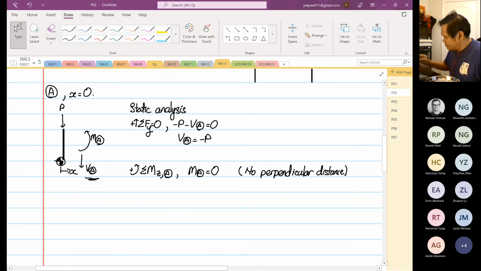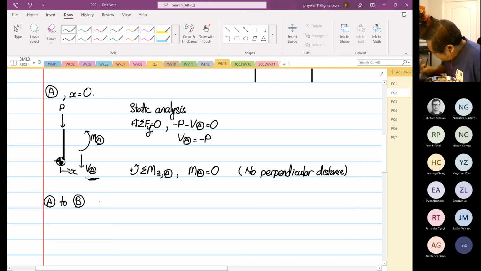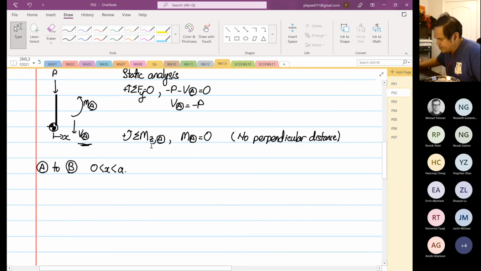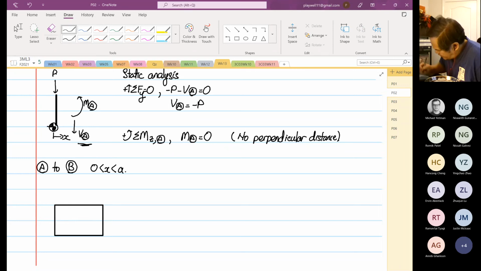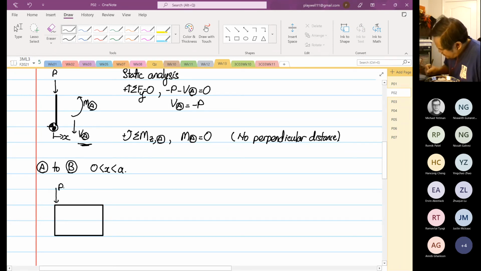Next we're going to do from A to B. These are still the easy ones. So let's go from A to B, where x ranges from 0 to a. I'm going to draw the beam now. We are aware that we have a load P down here, right?